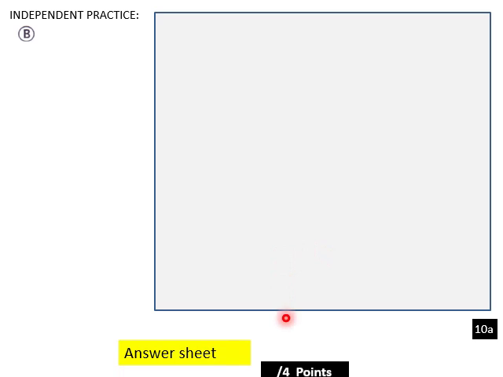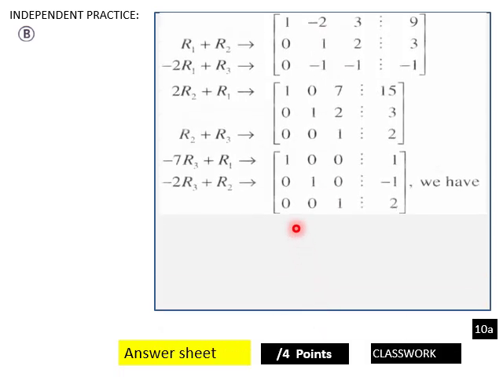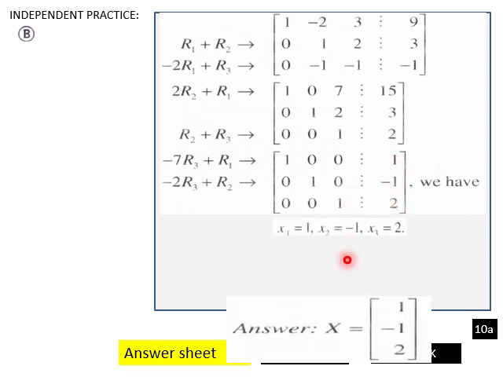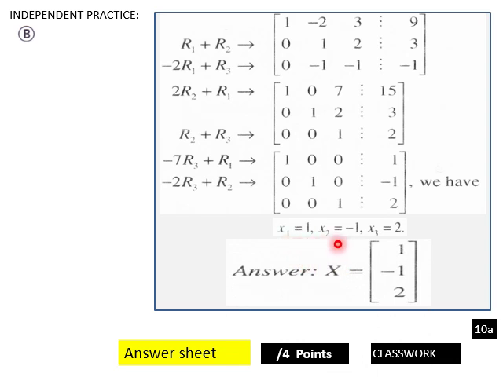So moving from there, for our B part, we do our row manipulations until we get this reduced echelon form of a matrix with 1, -1, and 2. So we have as our solutions here, x1 equals 1, x2 equals -1, and x3 equals 2. And then here is our answer for X: 1, -1, and 2.